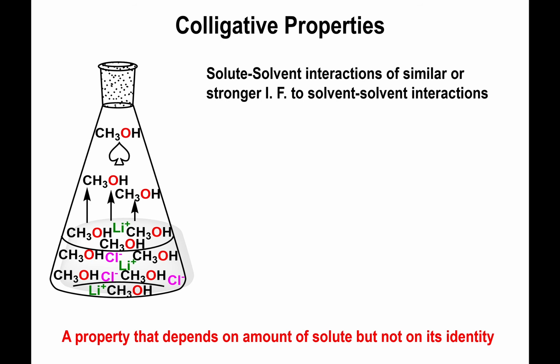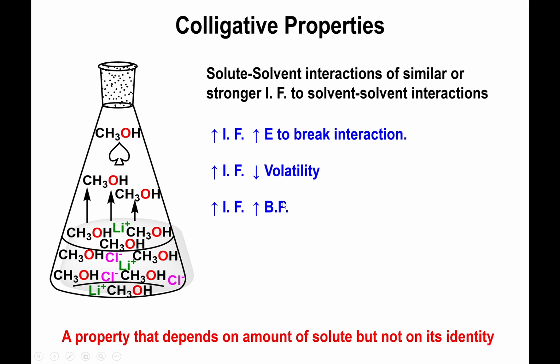So we have all these similar physical traits that get affected just by having the solute present in solution. Increase the intermolecular forces, increase the amount of energy needed to break the interaction; increase intermolecular forces, decrease the volatility. And as I just stated, increased intermolecular forces will mean that you will also increase the boiling point of the solution.